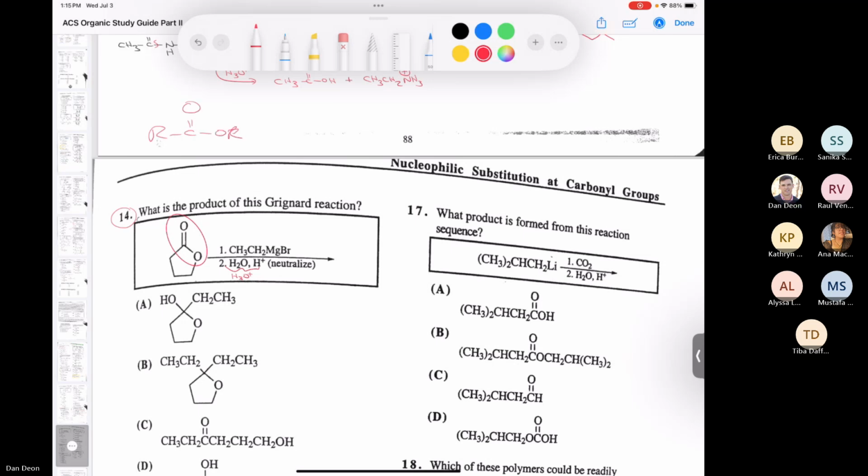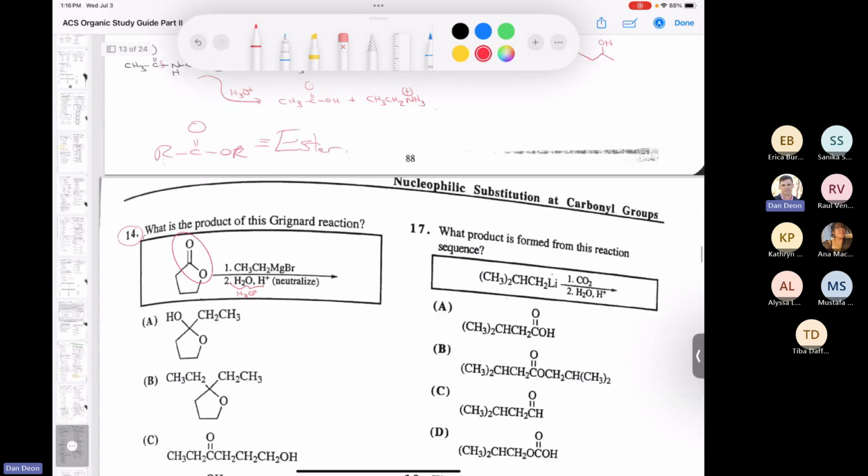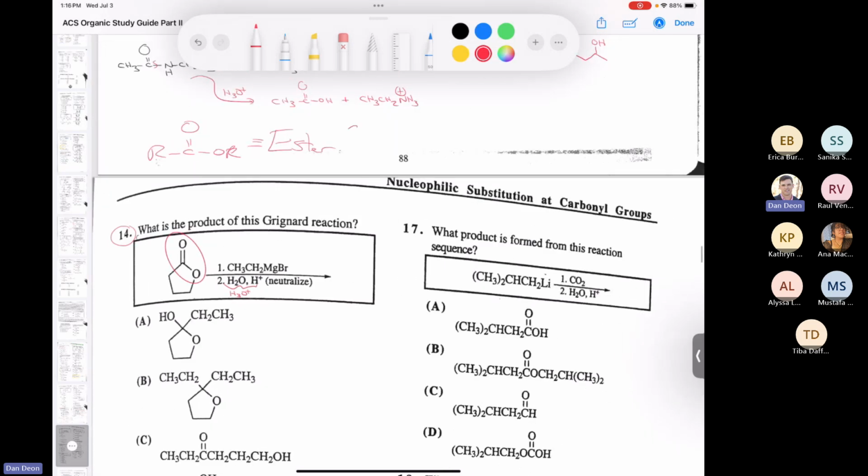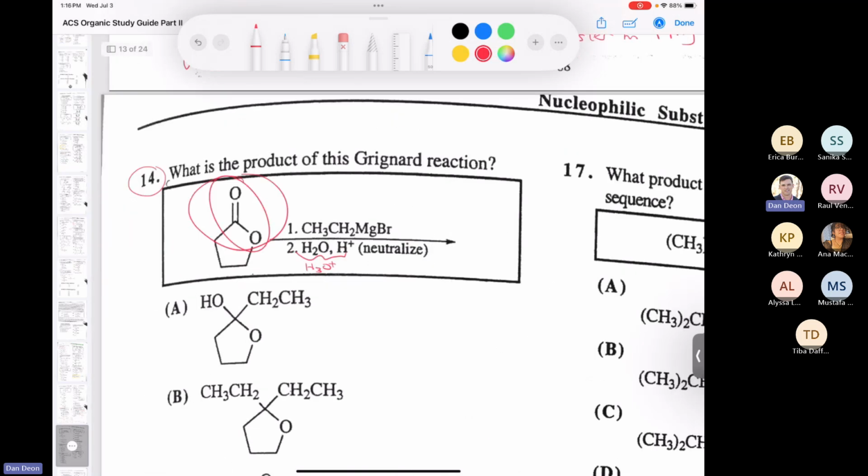Anybody? It's an ester. Thanks, Mustafa. Right, this is an ester. But when you have an ester in a ring, then we call it a lactone. So this is a lactone here, but again, it's a type of ester, like Mustafa said.